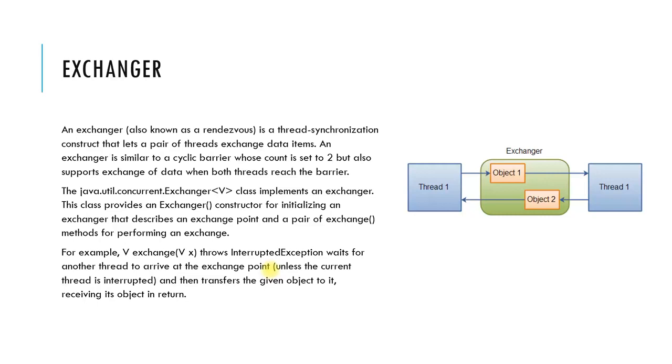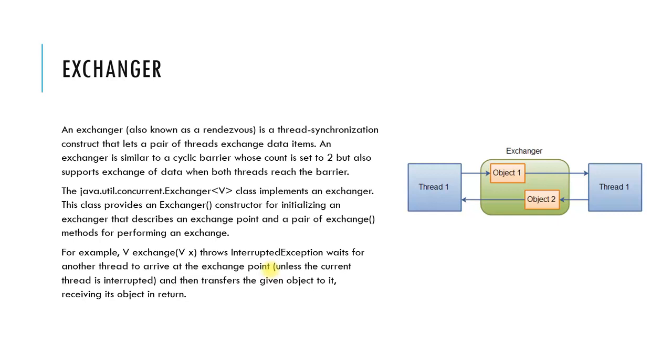The java.util.concurrent Exchanger class implements an exchanger. This class provides a constructor for initializing an exchanger that describes an exchange point, and a pair of exchange methods for performing an exchange.